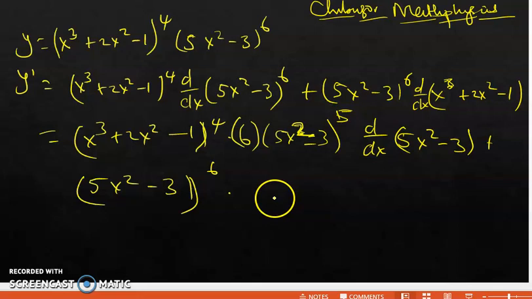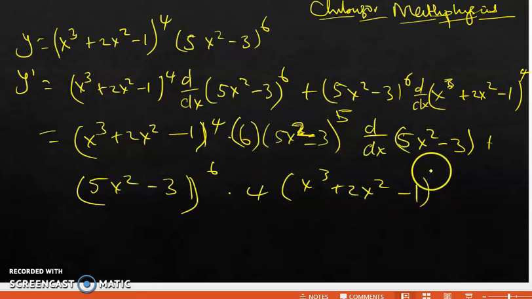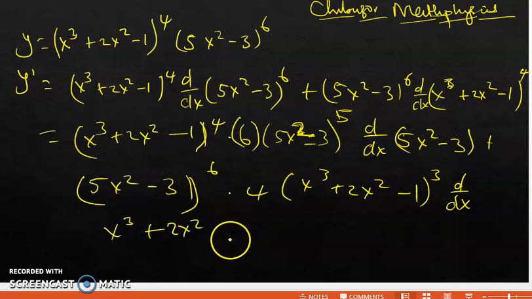This will be 4, so bring this 4 down, multiplied by x cubed plus 2x squared minus 1 to the power 3, d over dx of x cubed plus 2x squared minus 1.